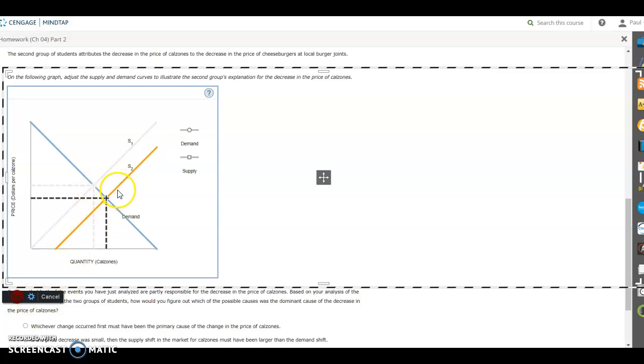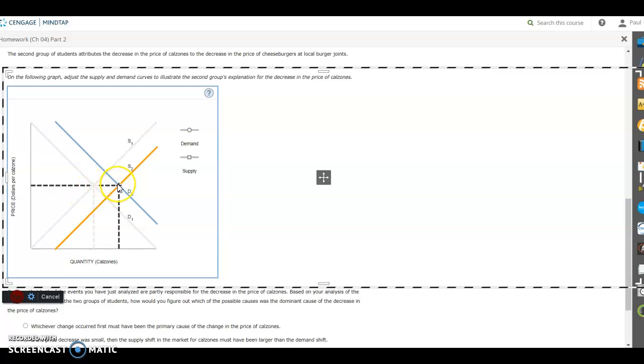So let's do the scenario again. Supply shifts to the right, demand shifts to the right. And we see with this scenario, notice the size of the shifts, the demand size and the supply size. The magnitude of these shifts is exactly the same.